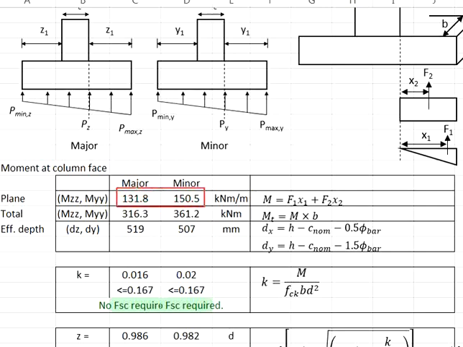The moment that you calculated from the area here represents the moment per unit width. You're going to multiply by the width of the pad footing in order to obtain the total moment. In the major axis, this will be the width. Take the moment here, multiply by the width here.